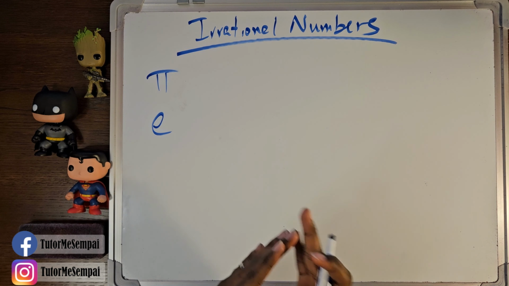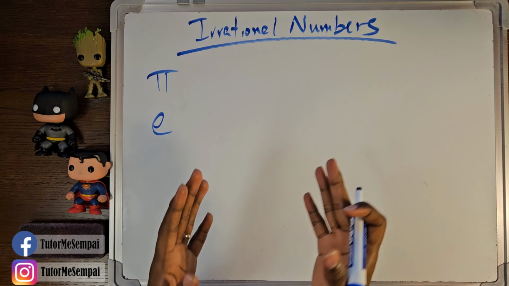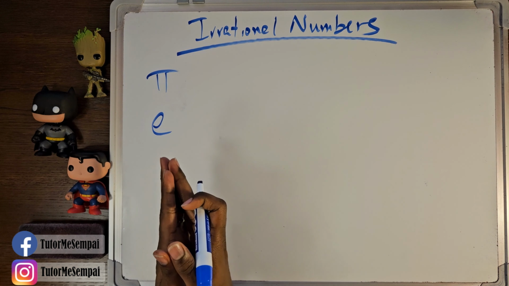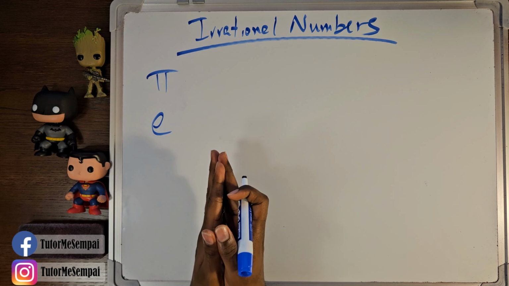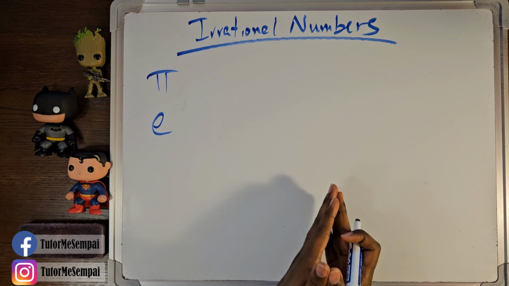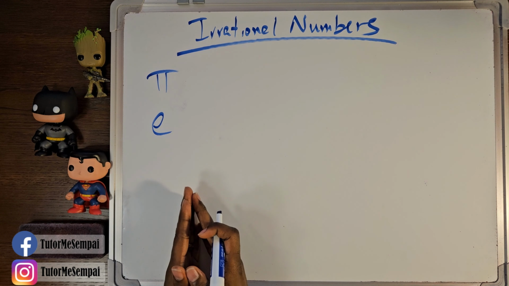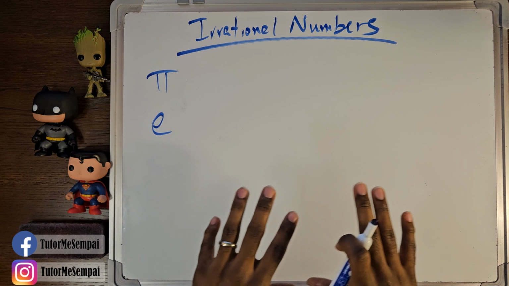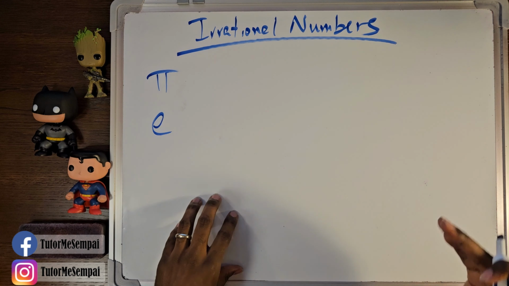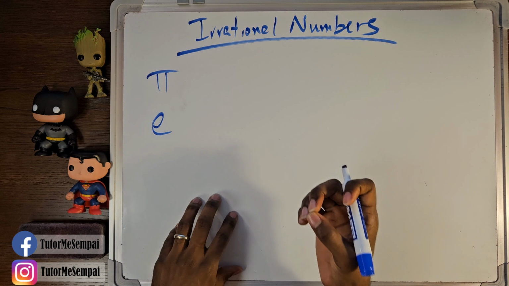And by extension, your irrational numbers will have that same characteristic. So along with the definition, you cannot write it as a quotient of two integers. If you're trying to convert it into decimal form, it will be a non-finite, non-repeating decimal. It will go on forever and ever and will not repeat.